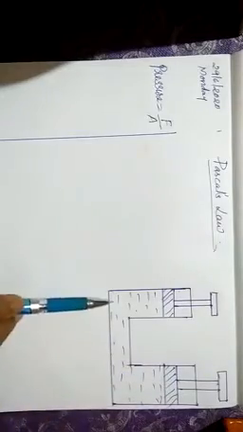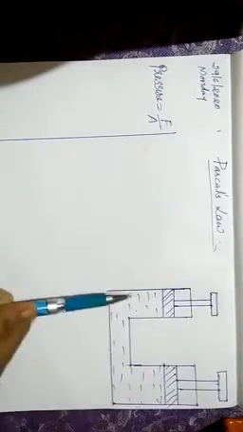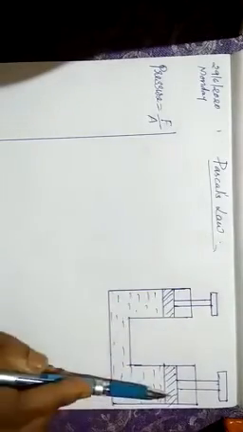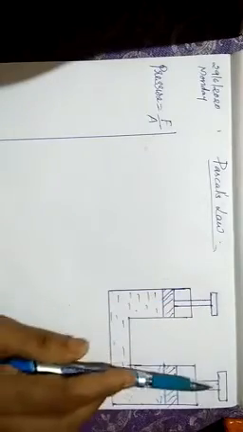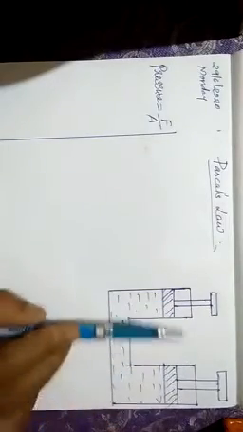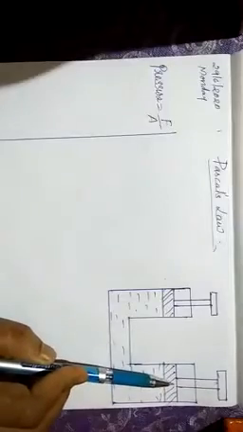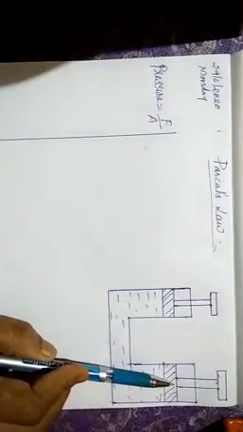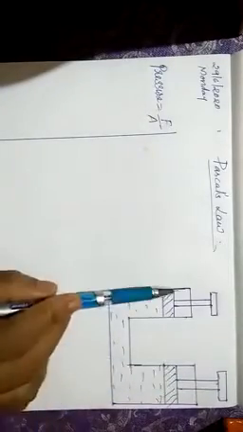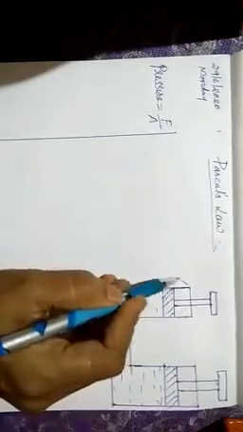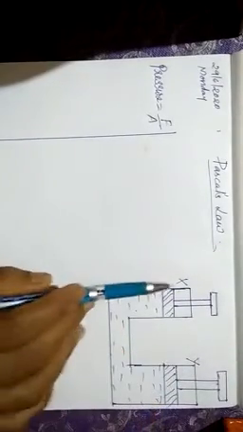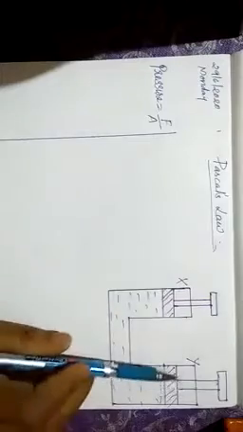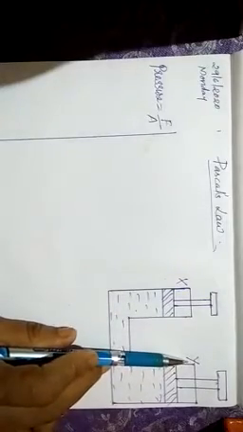Both are connected, and both tubes are fitted with pistons, one smaller and the other wider. Let us call the smaller tube X and the wider tube Y.